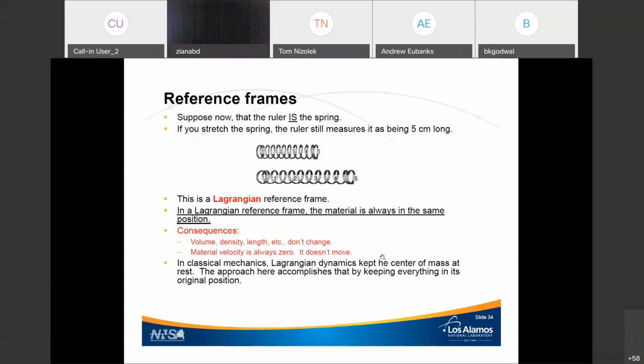Now, those of you who've taken a college level class in classical mechanics beyond sort of the freshman physics level have probably dealt with Lagrangian dynamics. The center of mass is at rest.